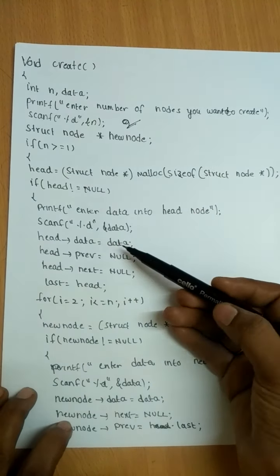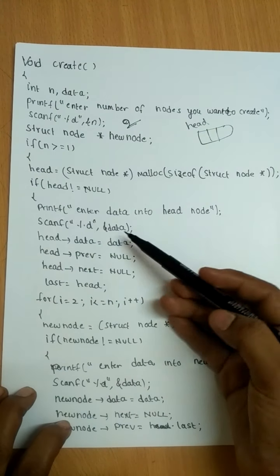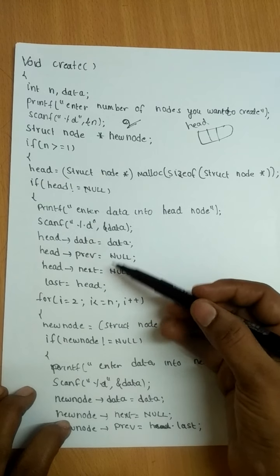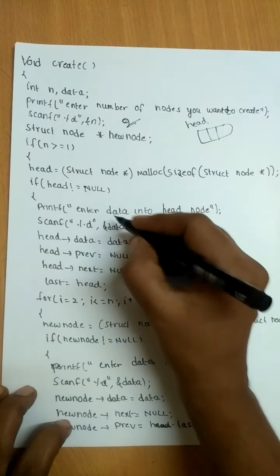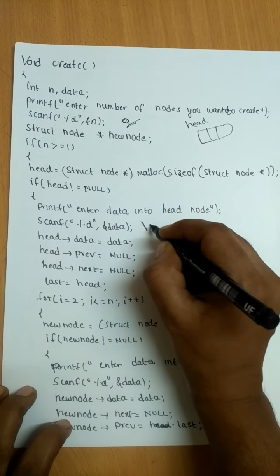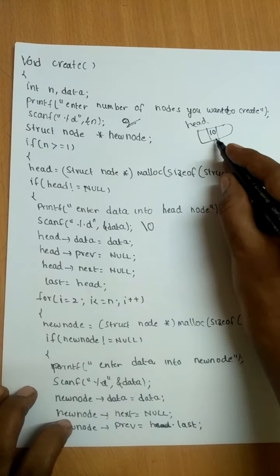Next, what we have to do? So, memory is allocated for the head node. In the next step, enter data into the head node and by using the scanf read that data and assign head of data as data. Suppose if we read the number 10 by using the scanf function, place in the data part of the head node as 10.